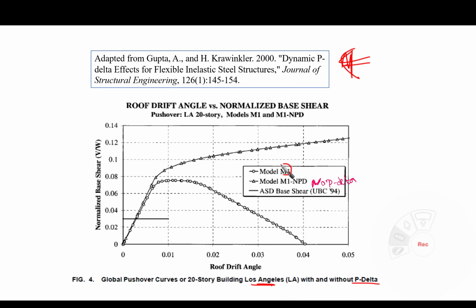This one is no P-delta, so as you can see, it has a positive kind of post-yield stiffness. But with P-delta, there is a plateau here for constant strength, and then it goes down: softening, negative stiffness or negative slope. This is a problem, and we need to consider it.